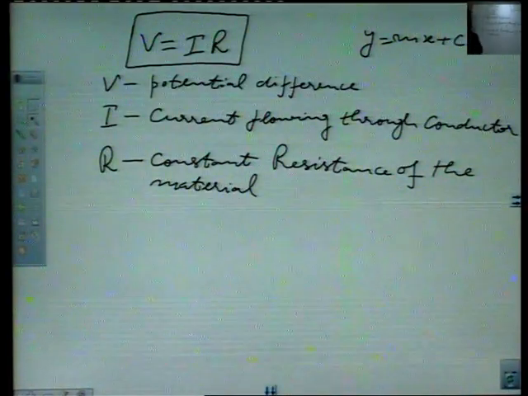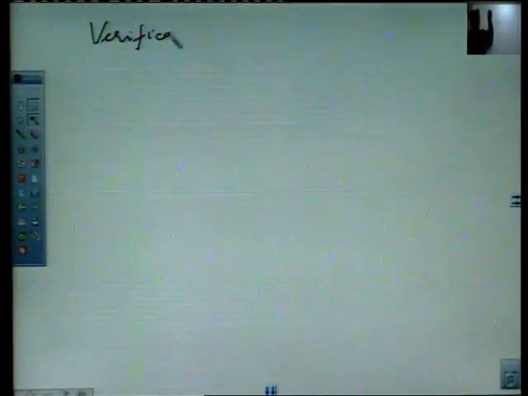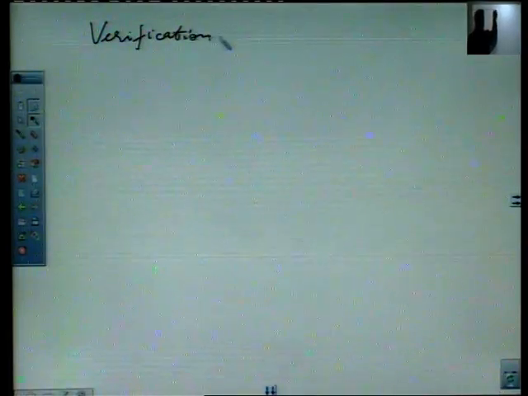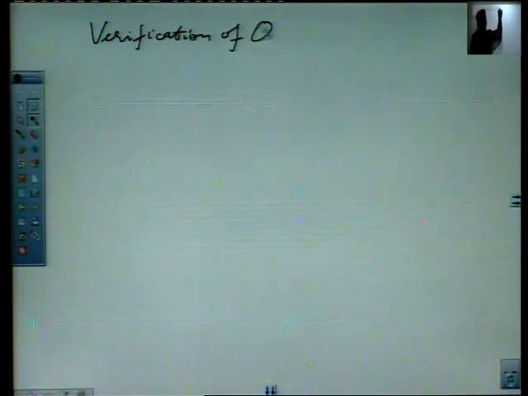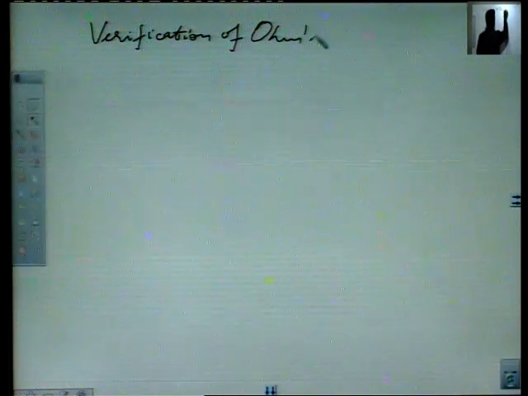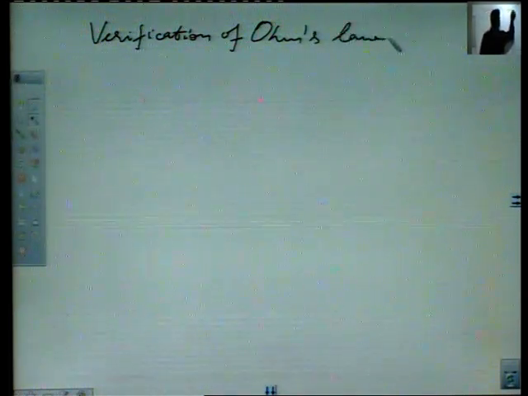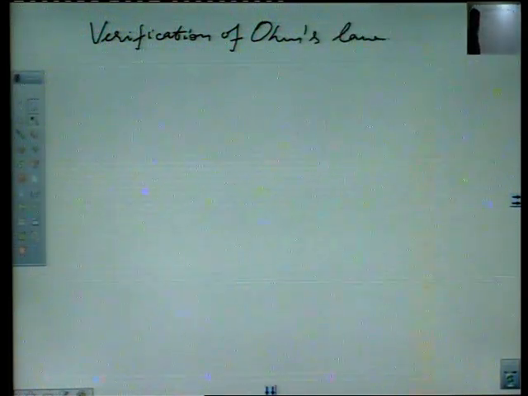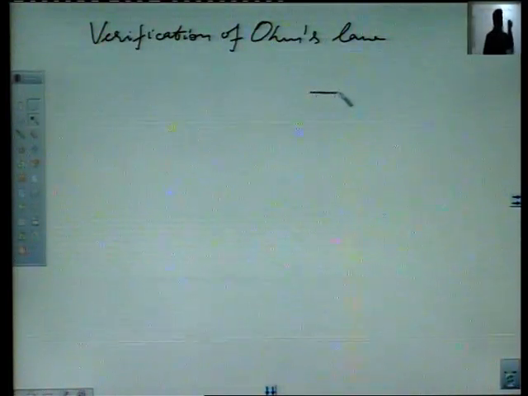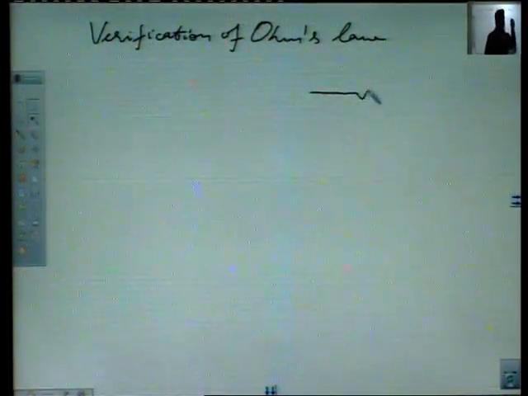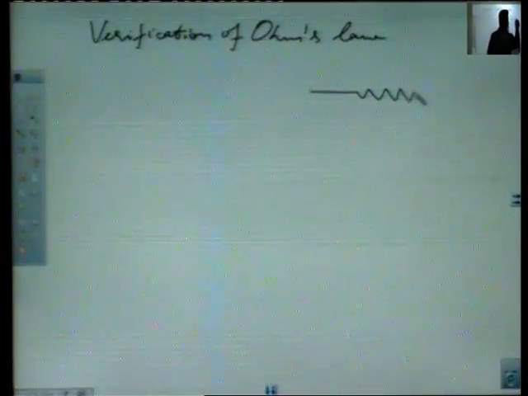How do we verify this Ohm's law? Take a resistance. The symbol used for resistance is this.